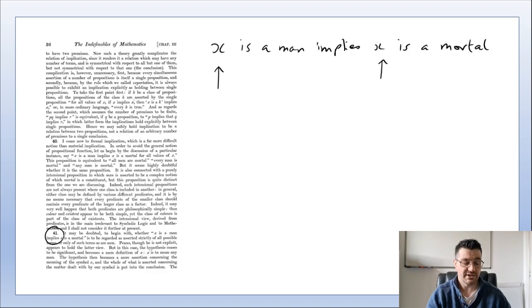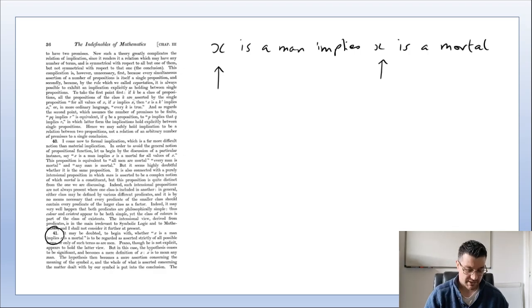In fact, it's not even an implication at all. So a lot of Russell's ideas, and particularly his symbolism in, say, Principia Mathematica, are derived from Peano's ideas and Peano's symbolism. So there's a lot of influence of Peano as you read through Principles of Mathematics.